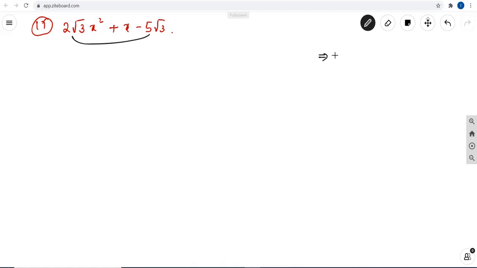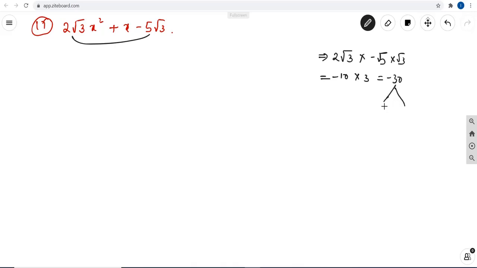So how can I write? 2 root 3 into minus 5 into root 3. So what I'm going to get? Minus 10 root 3 into root 3, how much is it? 3. So this becomes minus 30. So minus 30, if I add or subtract, I have to get plus 1.